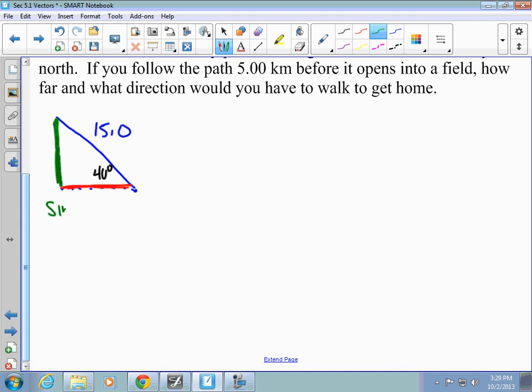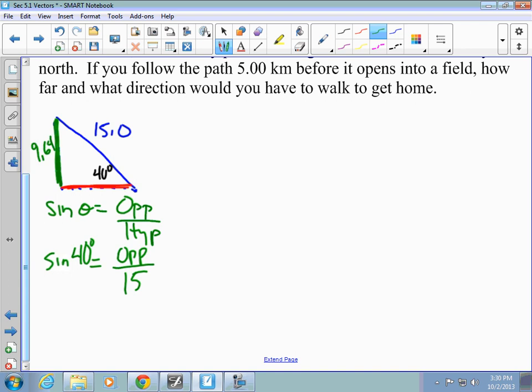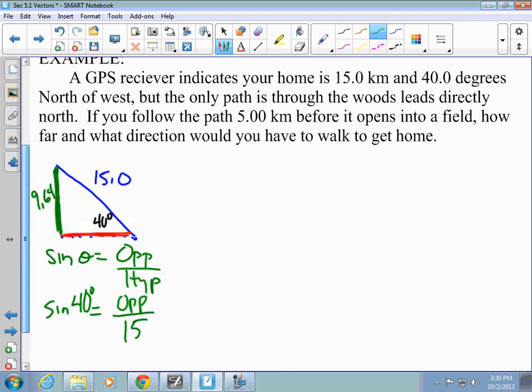So sine of theta is equal to opposite over hypotenuse, so the sine of 40 degrees is opposite over 15. We multiply those together, and we figure out that this is 9.64 kilometers.